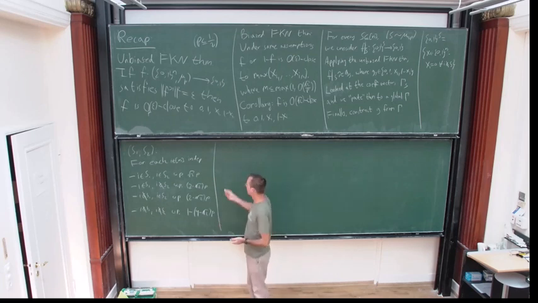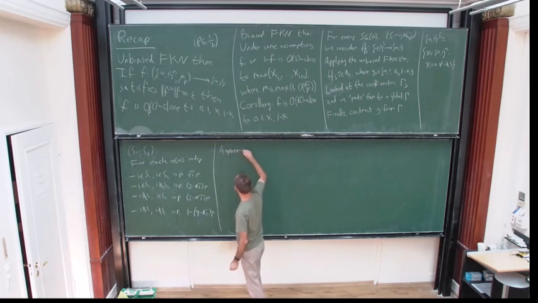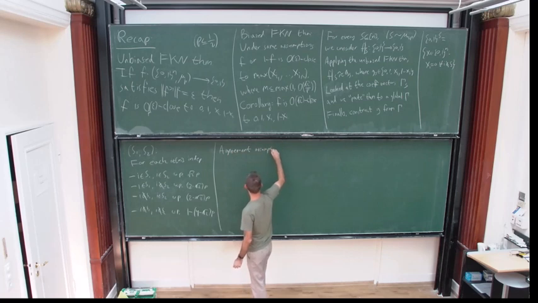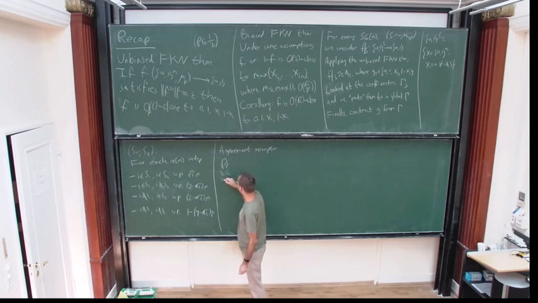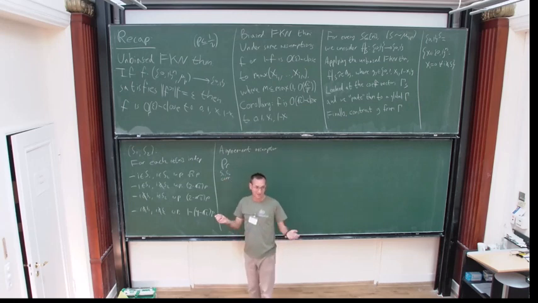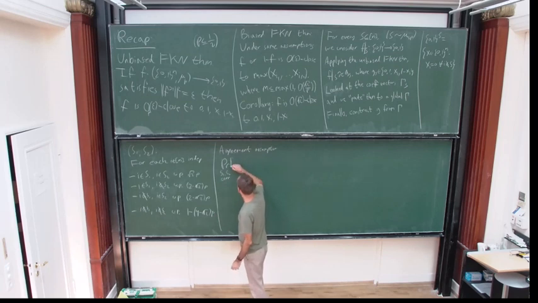Okay, so we sample S1 and S2 according to this coupled distribution. And we assume that the gamma S1 and gamma S2 typically agree, in the following sense: if you sample S1 and S2 according to this distribution, and you look at gamma S1 and gamma S2, then they typically agree on the intersection.